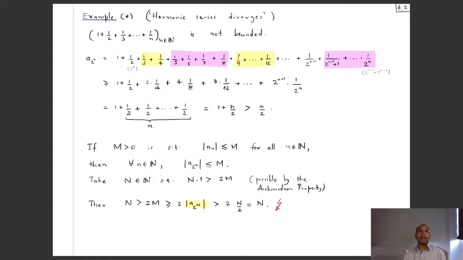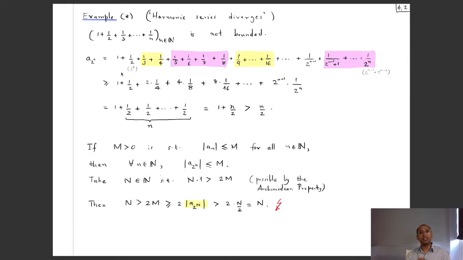The way we will see that this sequence is not bounded is we will prove an estimate. We'll look at the terms with the index which is a power of 2: a_2, a_4, a_8, a_16 and so on, and in general we will show that a with the index 2 to the power n is bigger than n by 2.